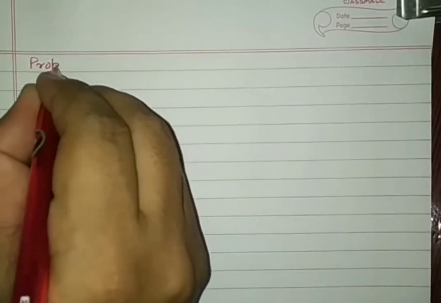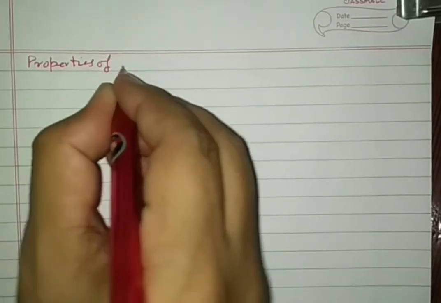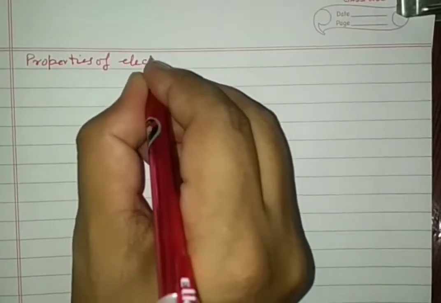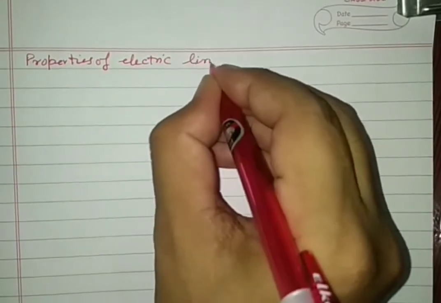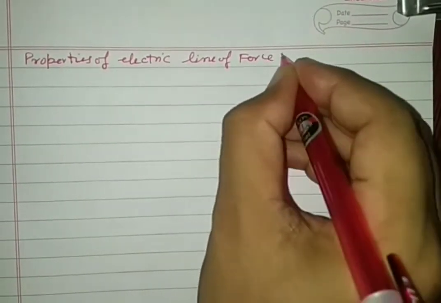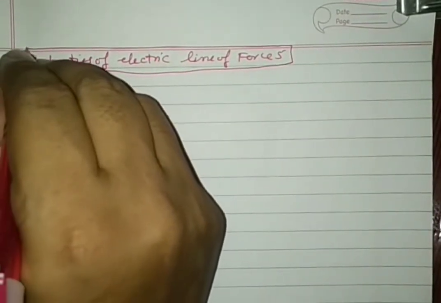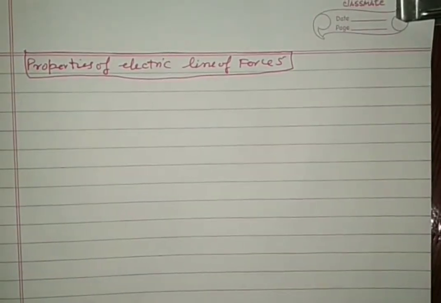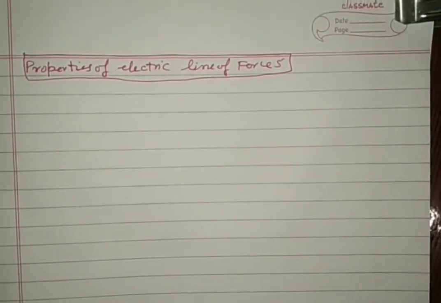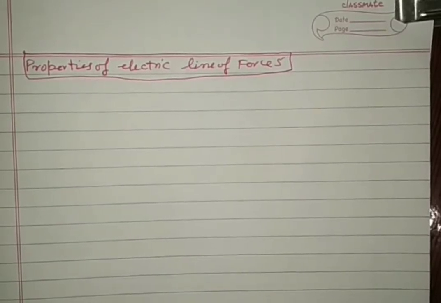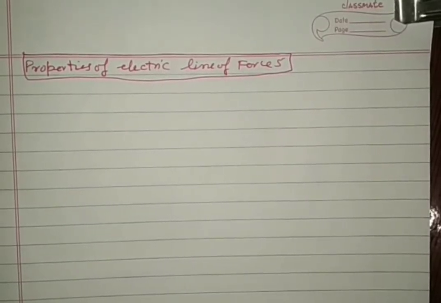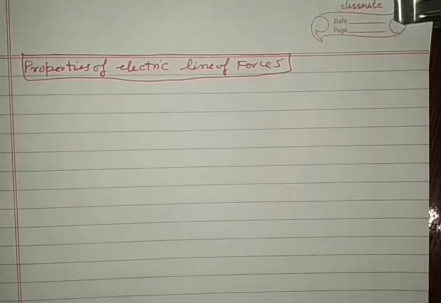Now, properties of electric line of forces. As I told in the beginning of the lecture, the concept of electric line of forces, students, is very important to understand, and by knowing the clear concept of it we can understand the physics of electrostatics.